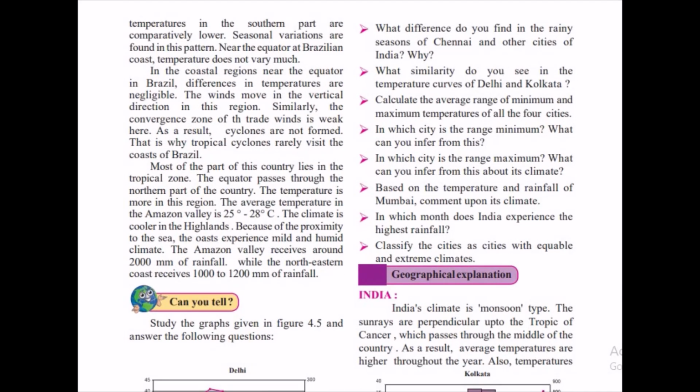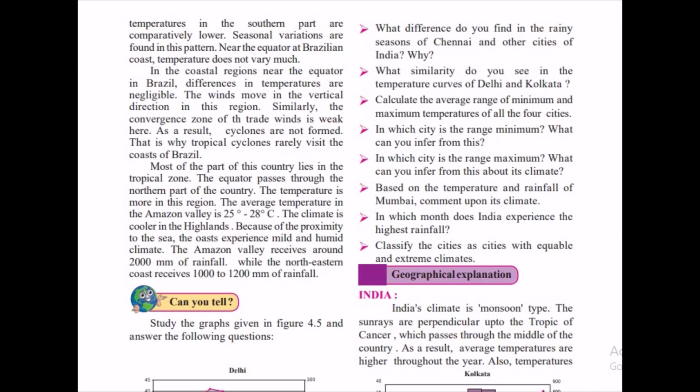In the coastal regions near the equator in Brazil, differences in temperature are negligible. The winds move in the vertical direction in this region. The convergence zone of the trade winds is weak here. As a result, cyclones are rarely formed. That is why the tropical cyclones rarely visit the coast of Brazil.